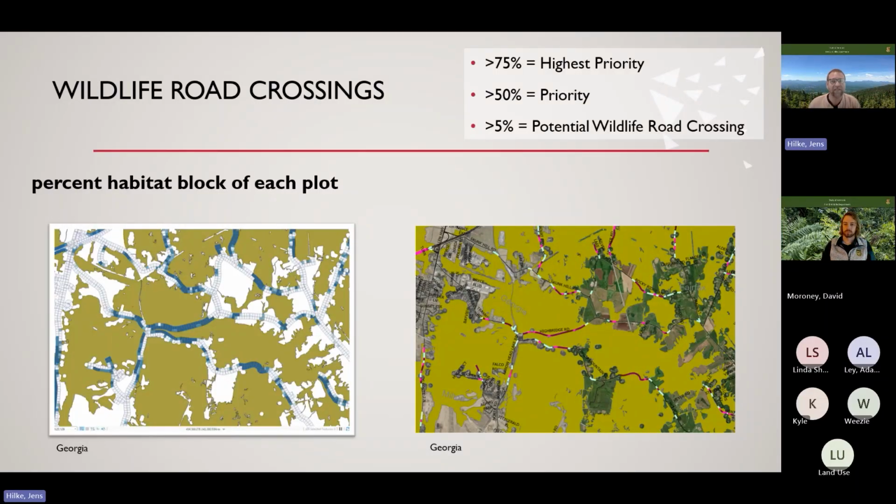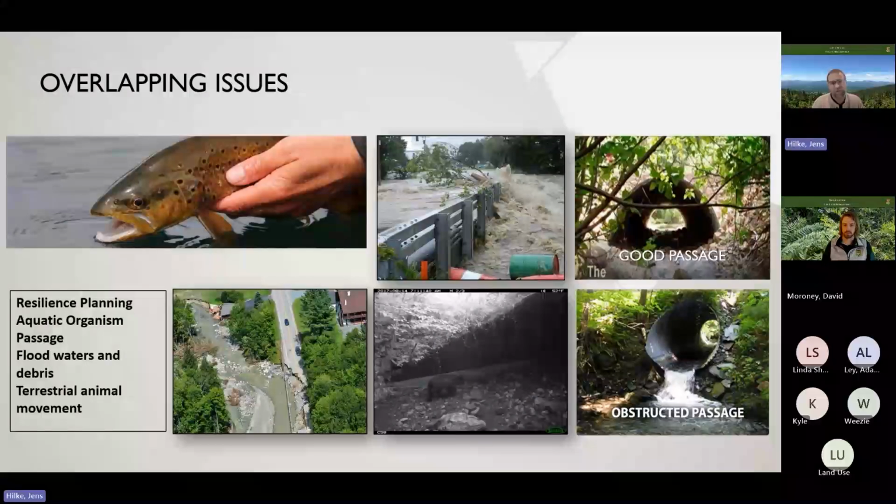We were able to flag those as highest priority and priority wildlife road crossings. So again, this is structural connectivity. This is based on the percent of forest on both sides of the road. So again, this concept of wildlife road crossing gets us into all these different overlapping issues.